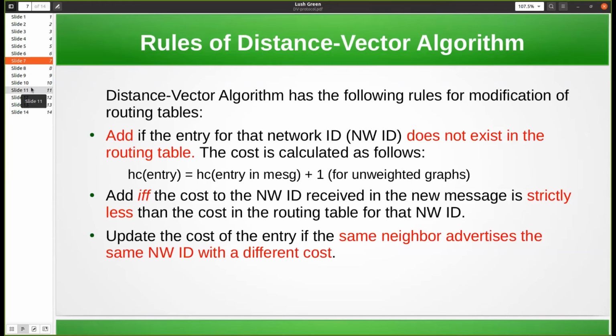The entry cost is calculated as before. You have the entry in the message, you add 1 to that cost. If you already have this entry in your routing table, do not update it. Actually, that should not be added. It's an update. Update if and only if the cost is strictly less than the cost you already have in your routing table. Can we go back again 2 slides down?